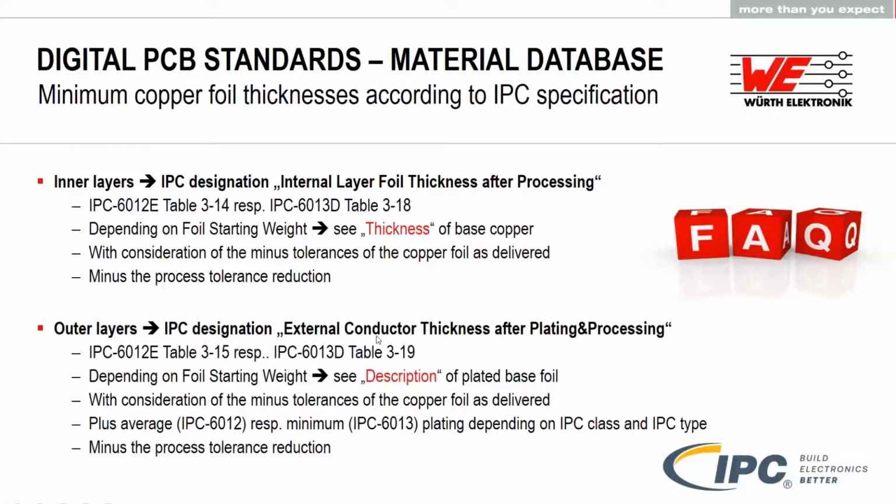For outer layers, it's comparable with one big difference. Of course, outer layers see a plating process. So for the plating process, we have to consider as well the tolerance of the copper base foil plus an average or minimum plating thickness, depending on IPC class and IPC type for flex and flex rigid.